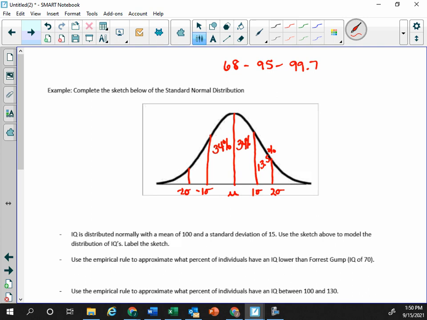And I know it's hard to squeeze it in there. Okay, and then according to the empirical rule, if I go 3 standard deviations away, above and below, that will cover 99.7% of my values. So what is going to be in each of those little sections?